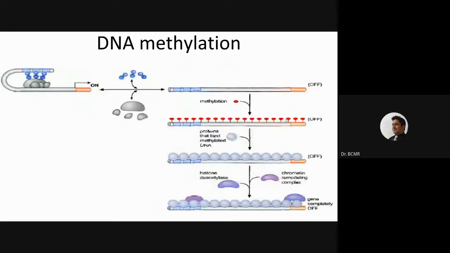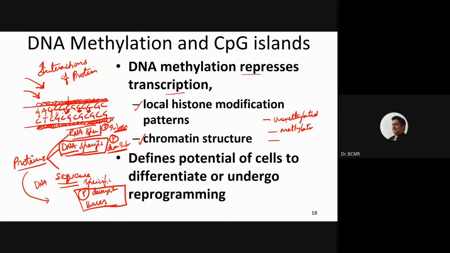So now we are going to see a sequence of events that will describe how DNA methylation could influence the repression of transcription, which may proceed to histone modification patterns, and then chromatin structure as well.